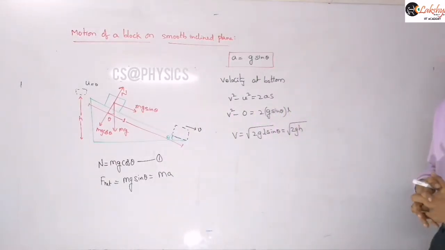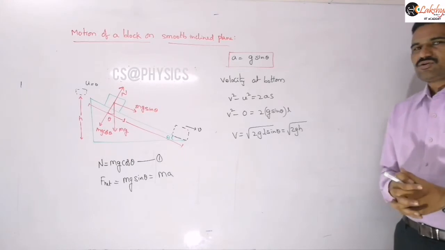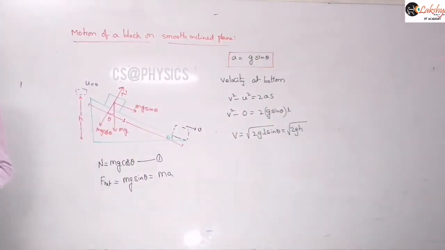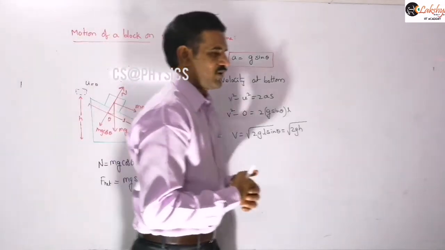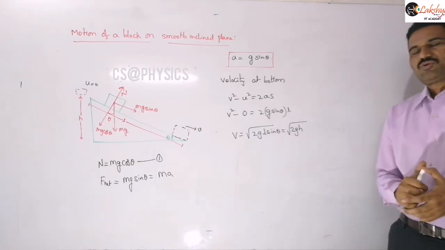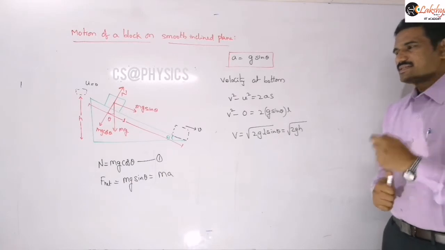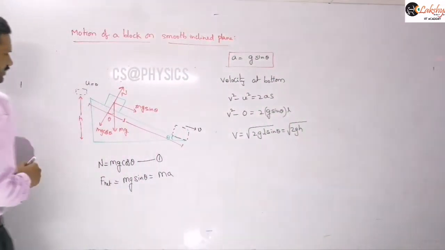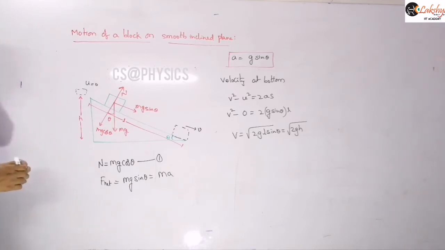Therefore, the magnitude of velocity, or speed, of the object on reaching the bottom of the inclined plane is the same as that of an object dropped from the top of the inclined plane when it reaches the bottom.